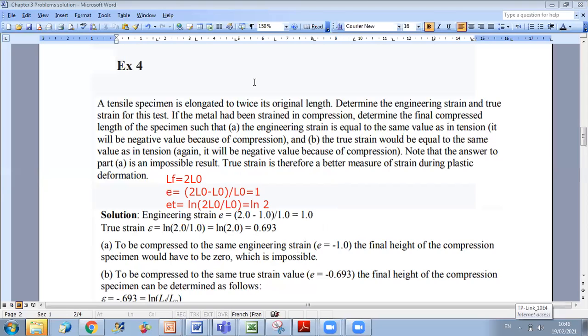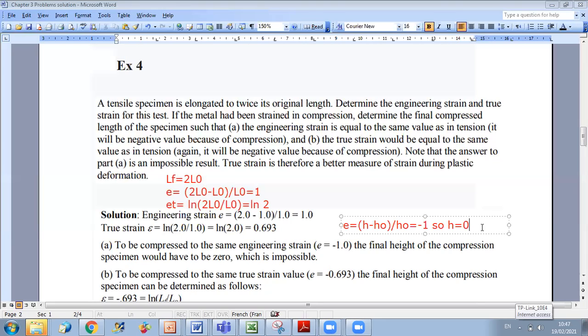Now, if I apply this formula, in compression the engineering strain is the final height minus the initial height over the initial height. This should be equal to -1. As you can see here, to have this equal to -1, h should be 0. But in real case, this is impossible. I cannot reduce to a 0 height. So this tells you that this value of engineering strain for compression is not physical.